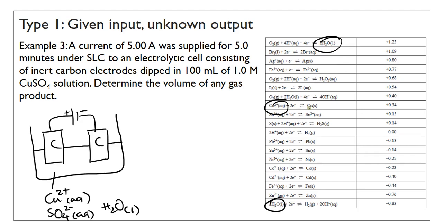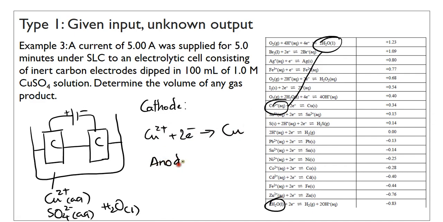So I'm going to highlight the species present on the electrochemical series. And at the cathode, you're looking for the smallest E, so this is going to be between these two. So the reaction at the cathode is copper ion, Cu2+, it's going to be reduced to copper. And at the anode, 2H2O is going to produce O2 plus 4H+ plus 4 electrons.